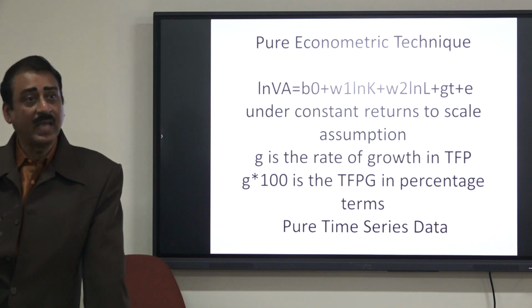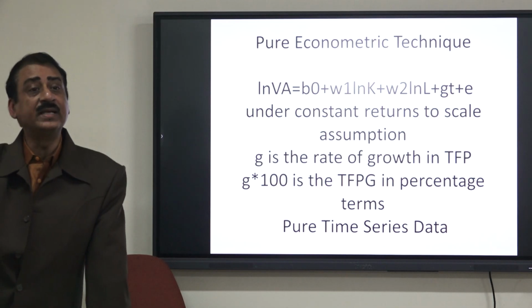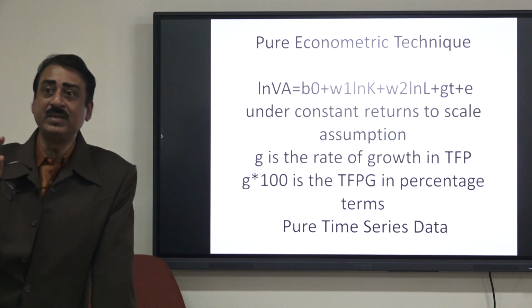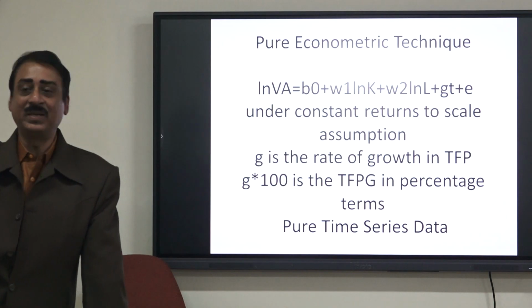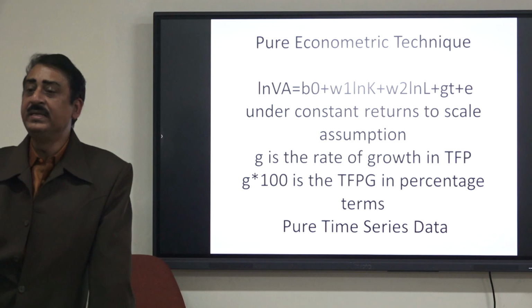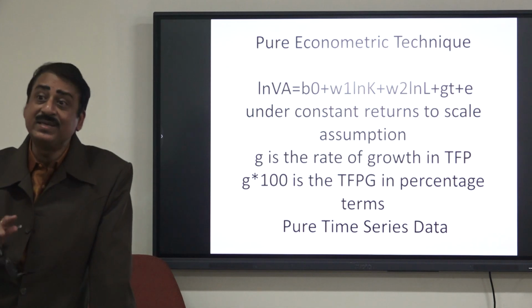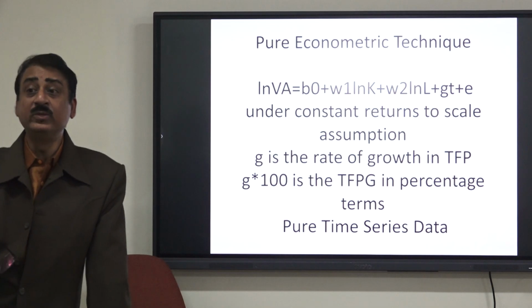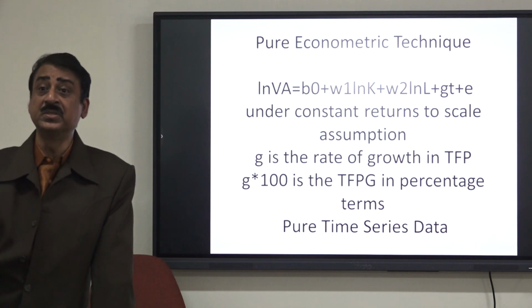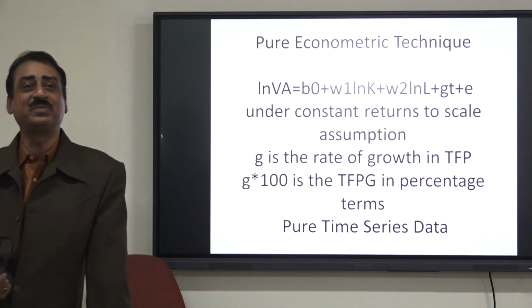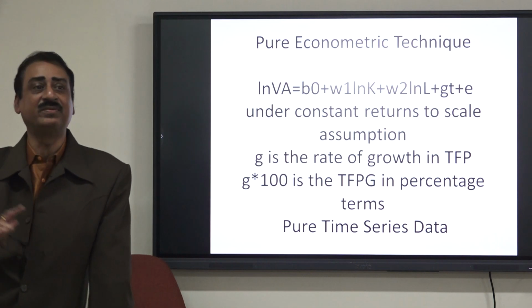So in a cross section, you cannot estimate TFPG. TFPG is a flow concept. It can be estimated only over time. But when you are considering cross-sectional information, you can essentially estimate the relative performance, the relative efficiency, whether you are utilizing the resources to the best possible extent or I am. What is our relative efficiency?